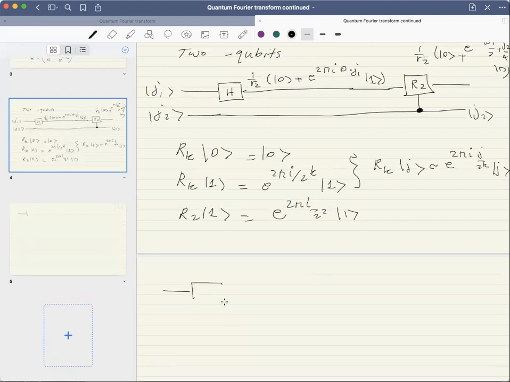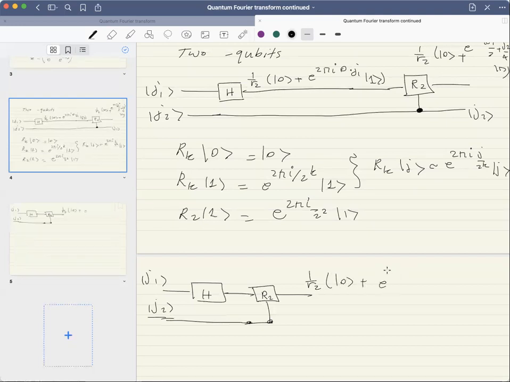again, let's continue this. So I have J1, I have J2. I hit that with a Hadamard. J2, I haven't done anything to it, and then I let it control the first qubit, R2, and here the state I'm getting is 1 over square root 2, 0, plus e to the 2 pi i point J1 J2, right?